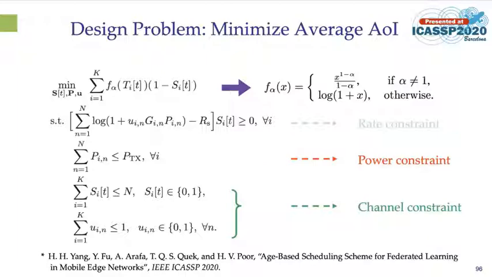And then we have several constraints. We have a rate constraint, which plays a role similar to the SINR threshold in the other model that I gave you. There's a total power constraint, and there are channel constraints. There are only so many channels, and so the total number of channels in use is upper bounded by N, and so forth.